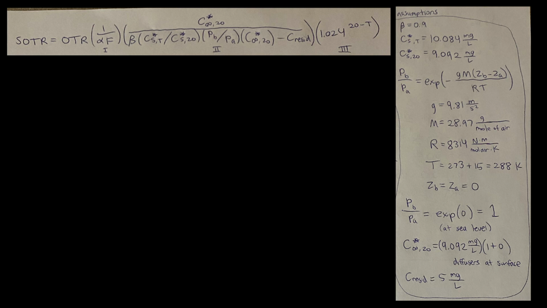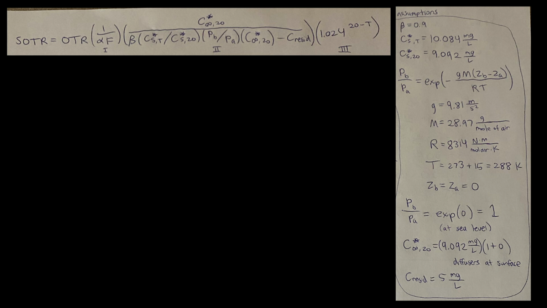So we need to first start out by listing all of the assumptions for the different variables in this equation. We already know the values of alpha, the fouling factor, and beta. For CS at our temperature of 15 degrees Celsius, we can look it up in the table provided in the slides, and we can find a value of 10.084 milligrams per liter at sea level.